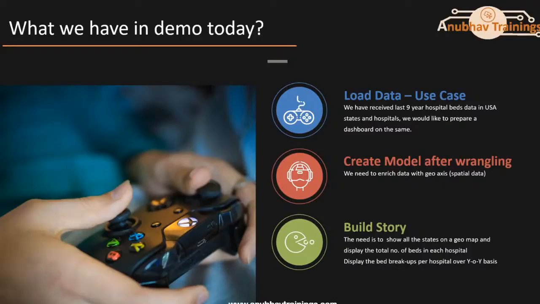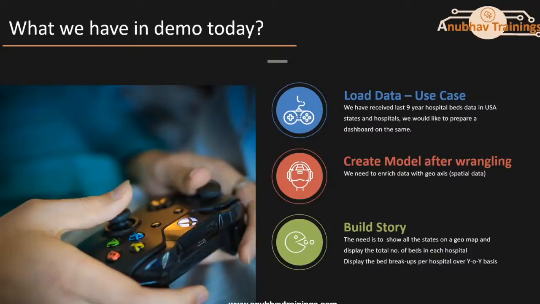And then we wanted to also do a little bit of a deep dive to analyze the data in terms of hospitals per county, total number of hospitals and beds per county, and also how that particular county is adding beds to the different hospitals.